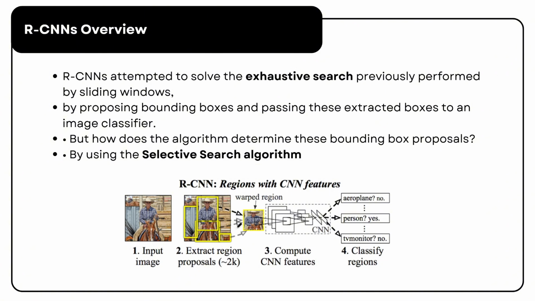However, it still had some drawbacks, especially in terms of speed, which future models like Fast RCNN and YOLO were designed to improve. But RCNN laid the foundation, and understanding this process helps us appreciate how far detection models have evolved.